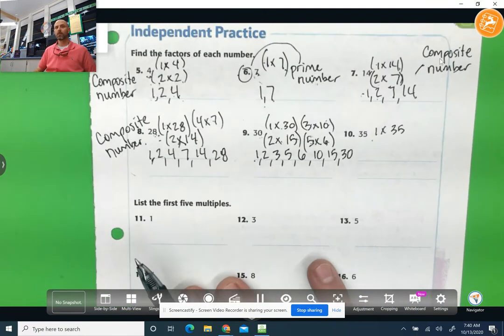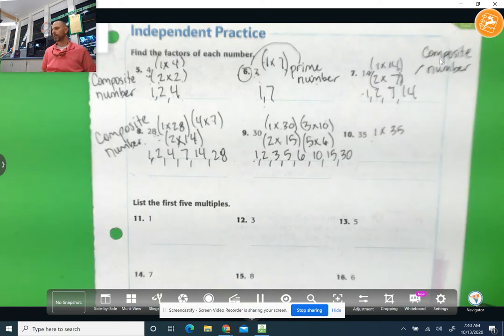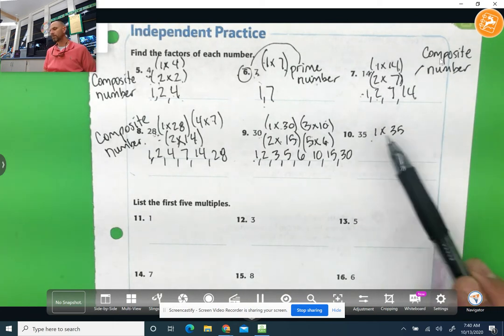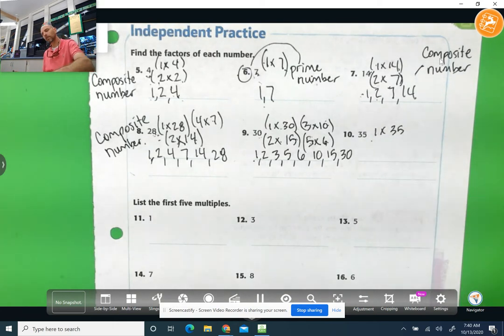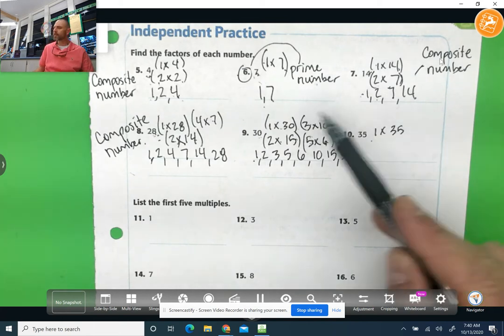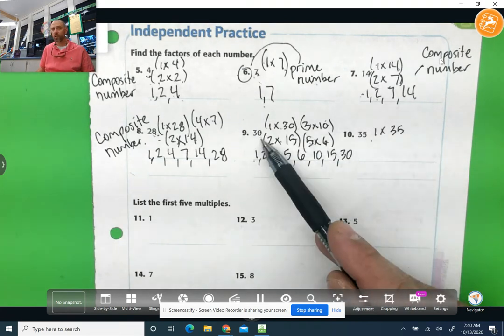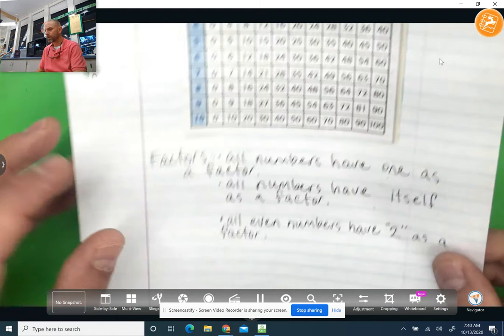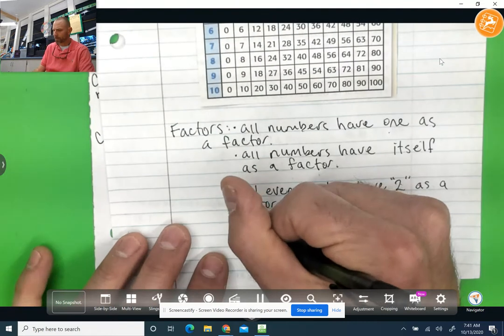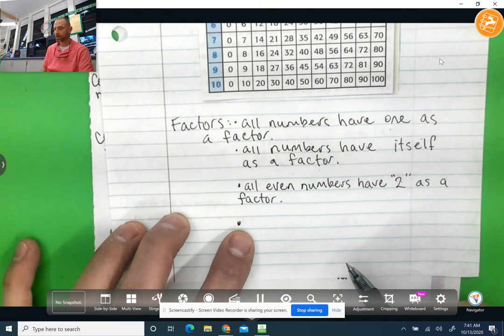Okay, the next one is 35. We've got 1 times 35. And this brings me, look at the numbers 30 and 35, brings me to another pointer to remember about factors.